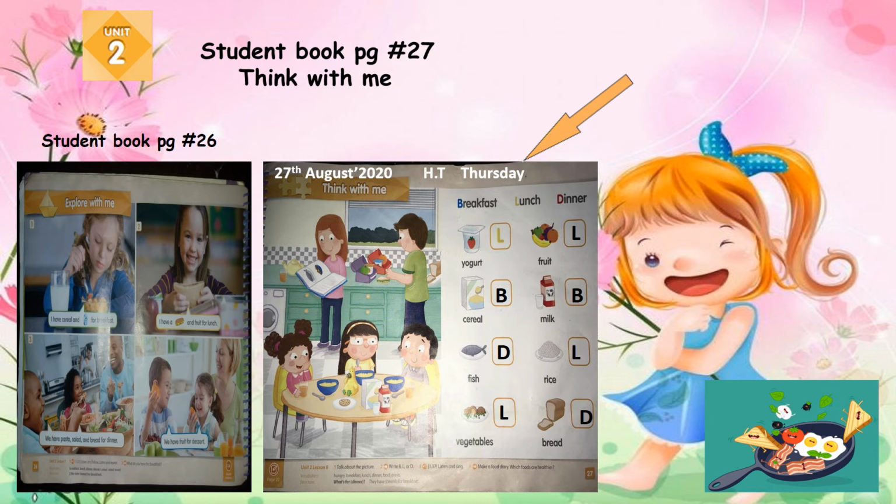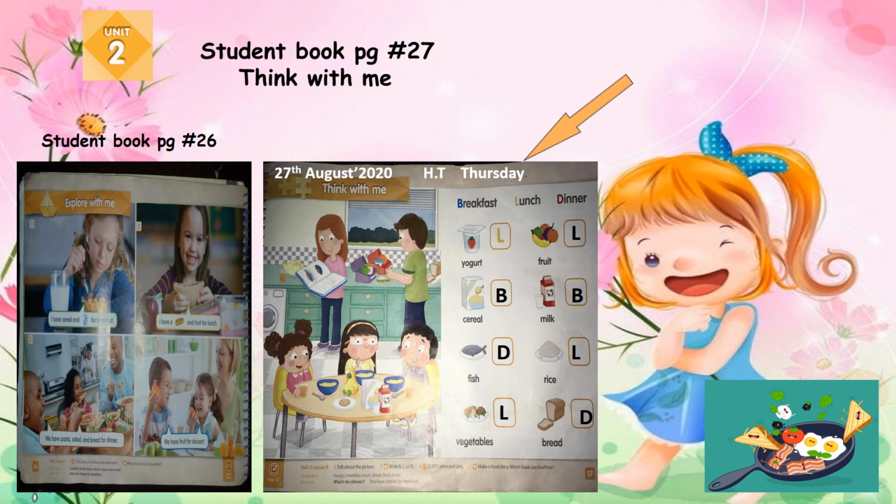Look at the first picture, that is yogurt, yogurt. Then fruit, fruit. Cereal, cereal. Milk, milk. Fish, fish.